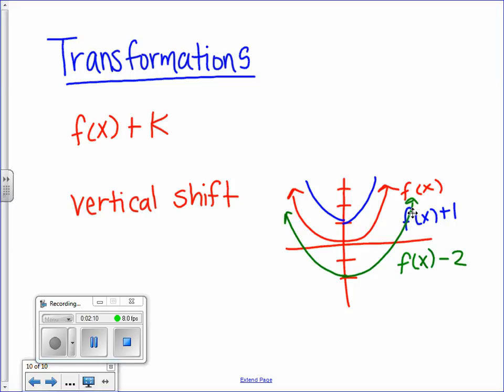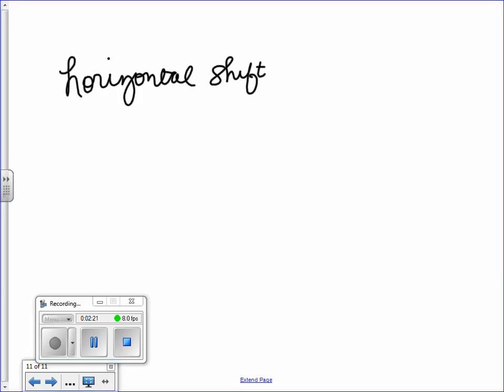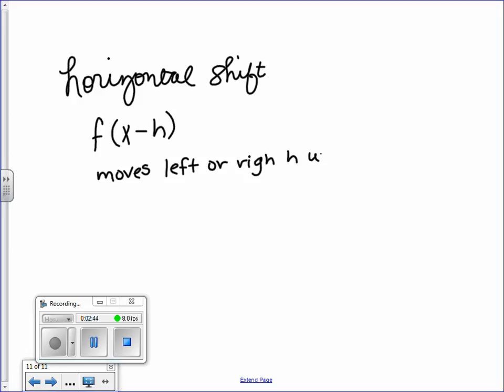All right, horizontal shift. Move it left or right, h units. This one's confusing a little bit because remember this is the one where the sign changes.